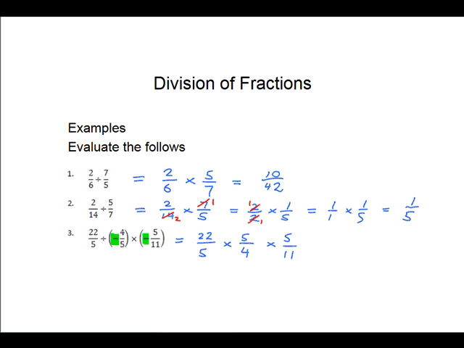Now cancel where you can. So the 5 goes into 5. The 11 goes into 22. Write it out again.